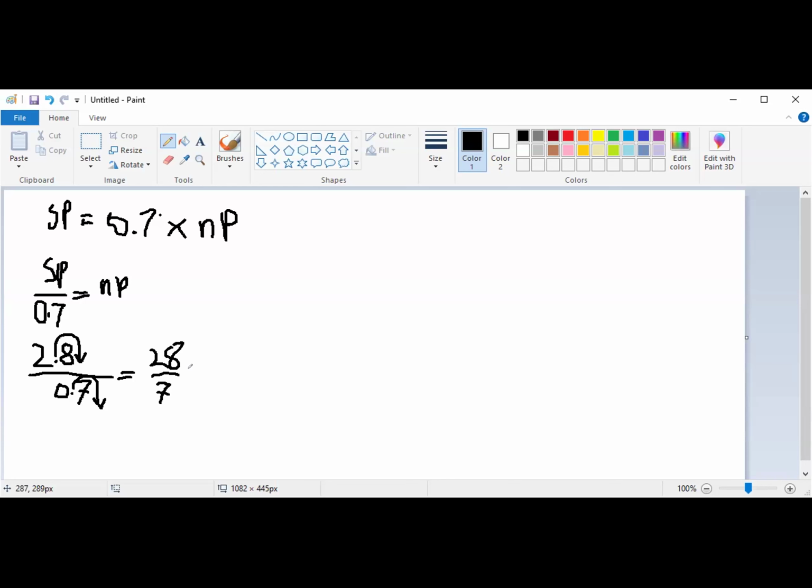Are you good with your 7 times table? A little bit, yes. Okay. So the normal price is 4. It's going to be 4 pounds, because the sale price was in pounds. So it was 4 pounds.